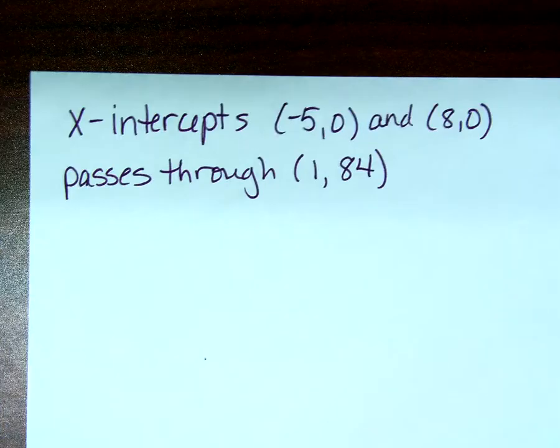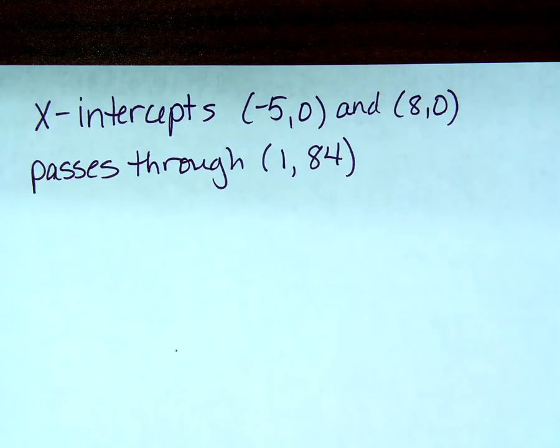The one more example that I want to show you has to do with if I give you this kind of information. These are the intercepts, and it passes through the point (1, 84). You don't know any way to write an equation if you know the intercepts and what point it passes through. So wouldn't it be nice if there was another equation that you knew that had to do with the intercepts?